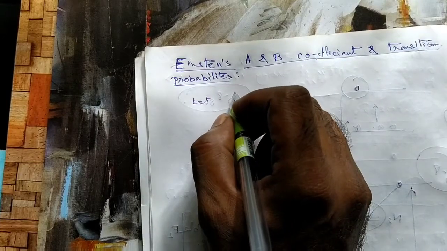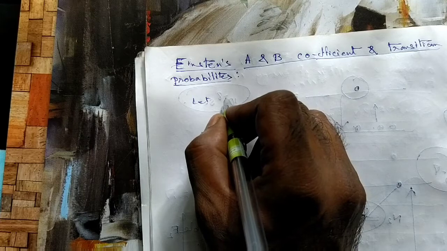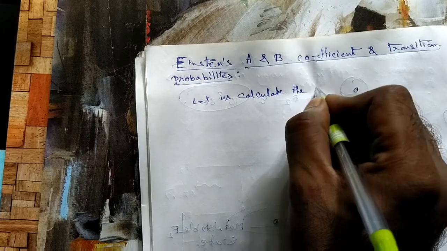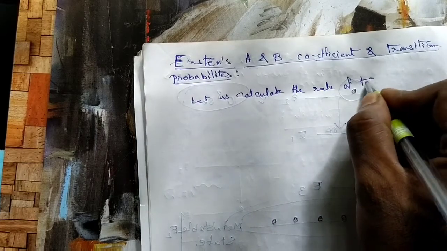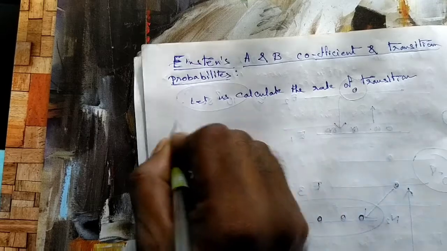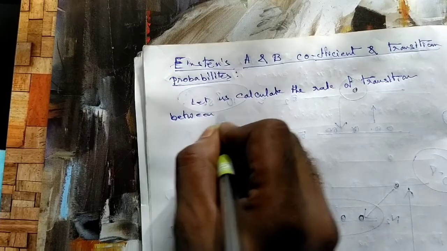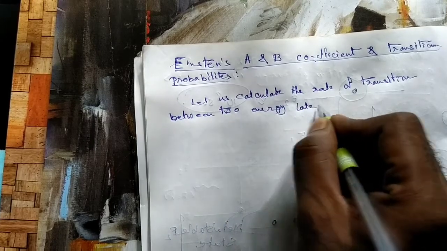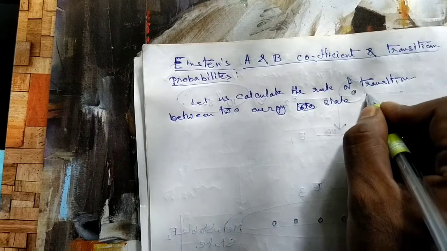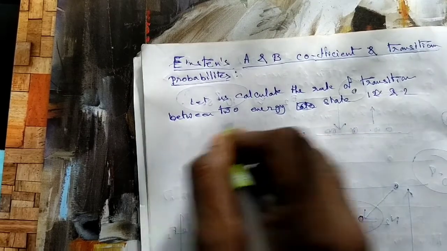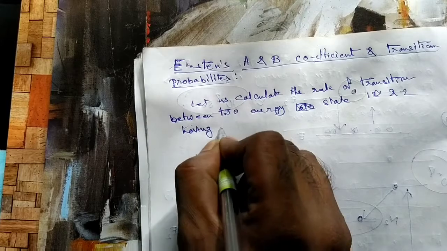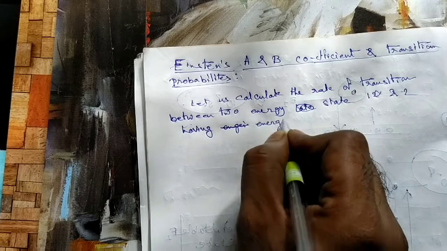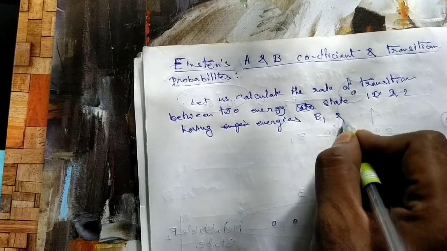Okay, so let us calculate the rate of transition between two energy states, energy state 1 and 2, having energies E1 and E2.